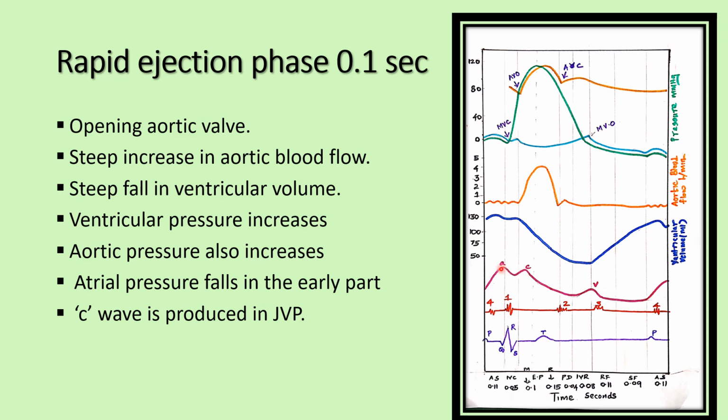It produces the C wave in the JVP. The electrocardiogram ST segment corresponds to the rapid ejection phase. These are the electromechanical changes occurring during the rapid ejection phase.